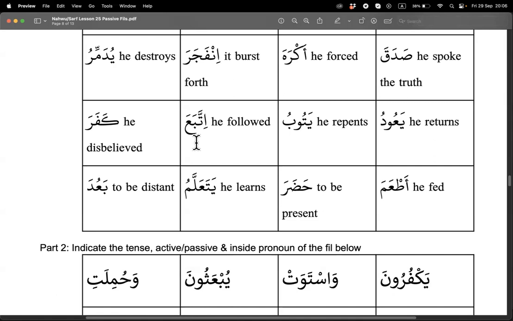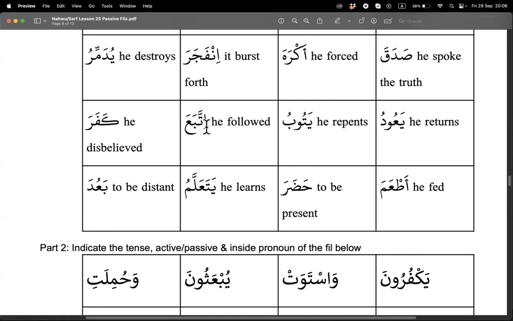Utti. This one I'm confused. Is it ui or ua? This one cannot be ui. Am I right? The ain we don't disturb, the ain will always be fathah here. So we can change three harakat, right?